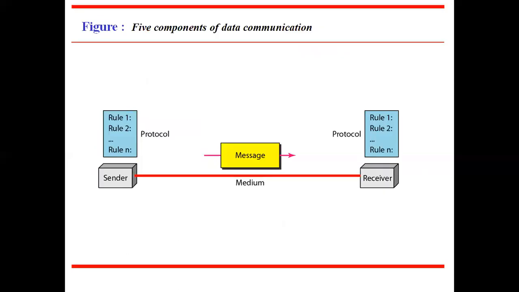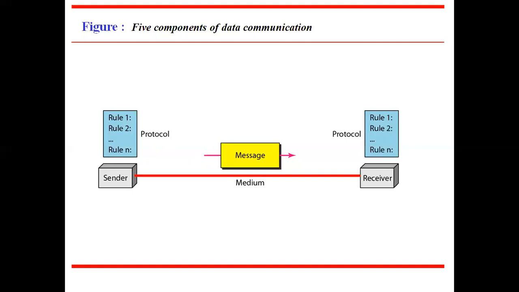Now we want to look at the components of data communications. Now look at the screen. It has 5 components. Those are sender, receiver, message, medium, and protocol. Let us see each one in detail.